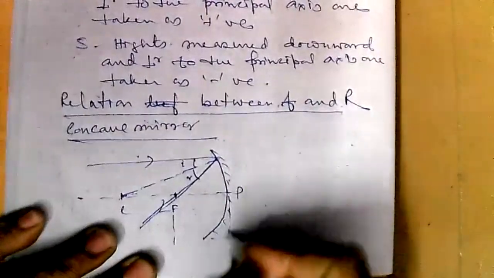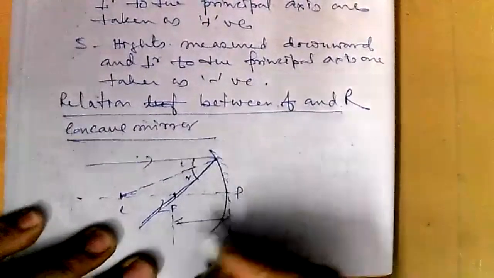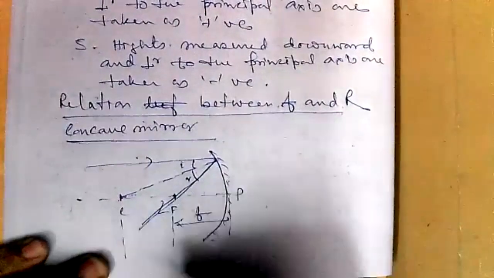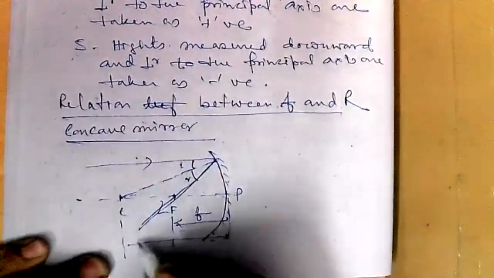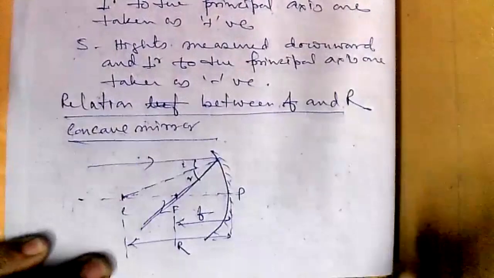So this distance is the focal length F, and this distance is the radius of curvature R.